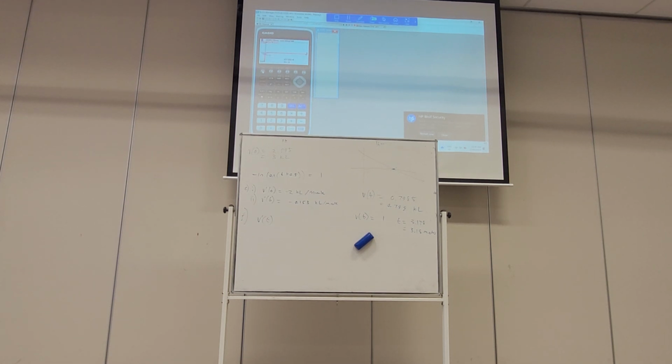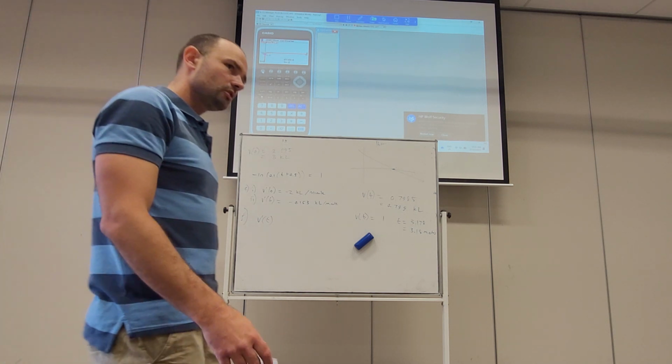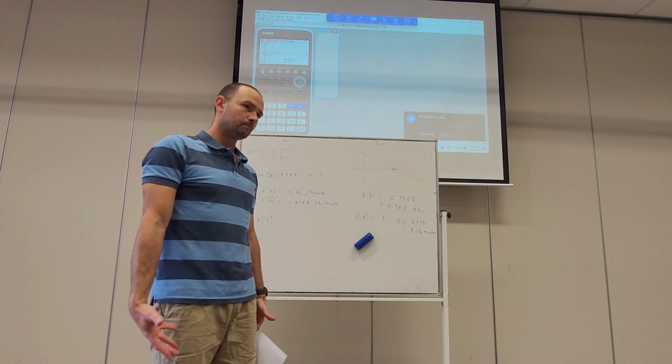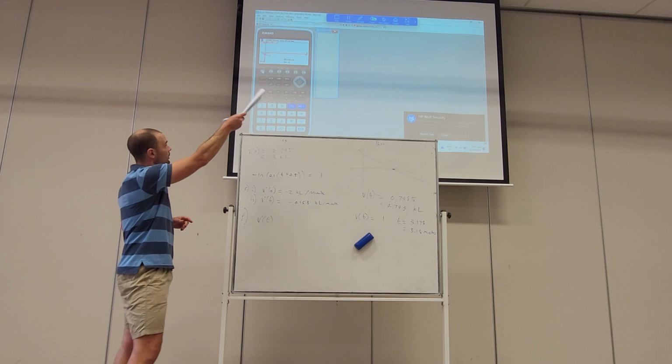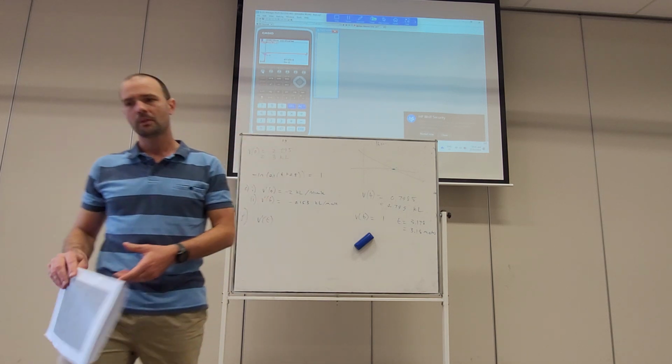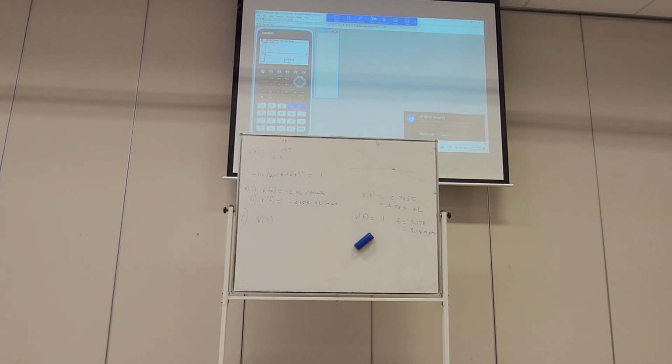All right, so when time is 0, now because this is our derivative function, the y value here is telling us the rate of change, right? So we've got when time is 0, the y value is -2. And as we trace along it, when time is 0.39, the y value is -1.1, so it's smaller. And when time is 0.77, it's smaller again, and smaller again, and smaller again.